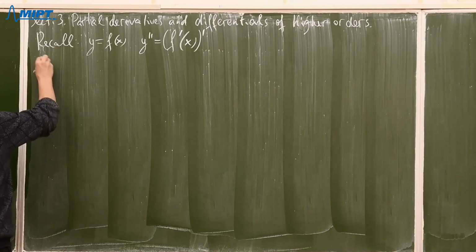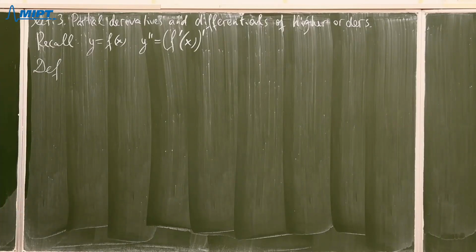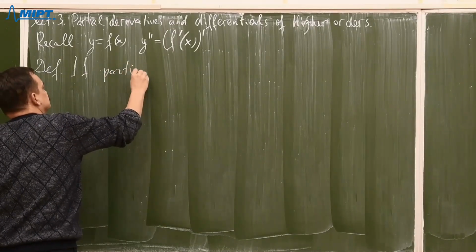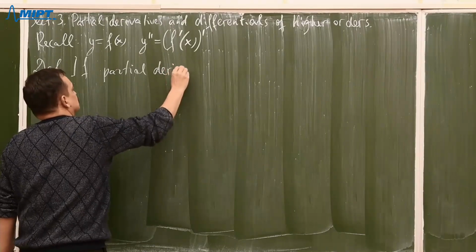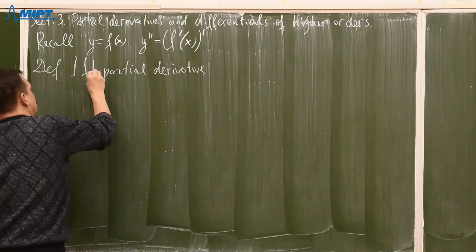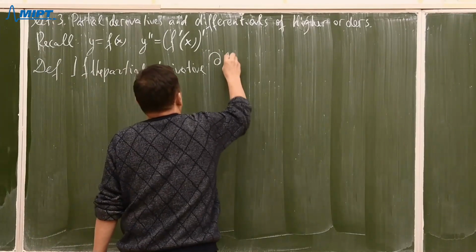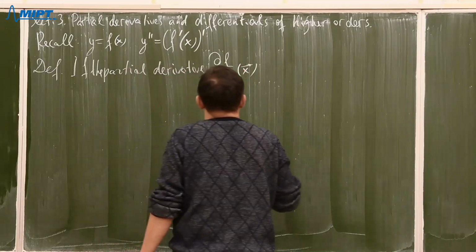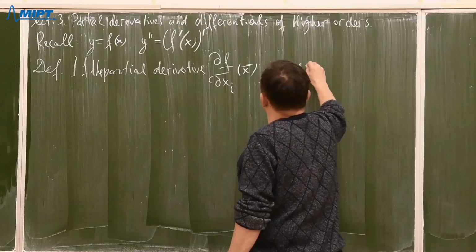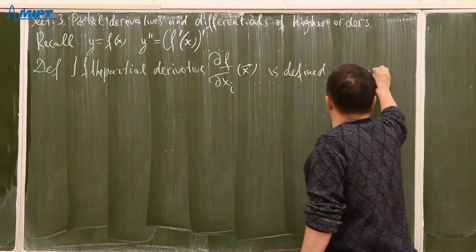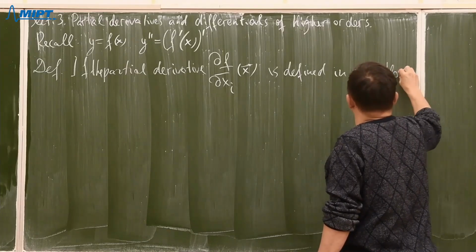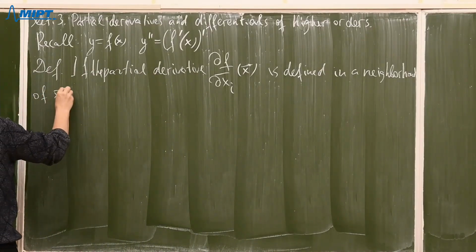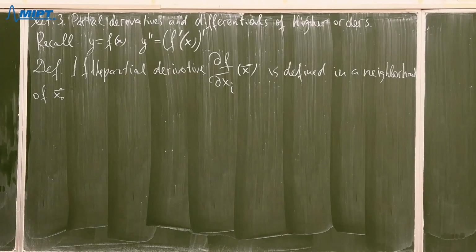So definition. If the partial derivative df over dx i, let's say, at x is defined in a neighborhood of x naught, then we consider it as a new function.